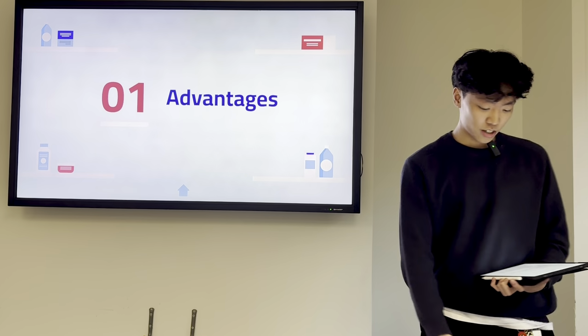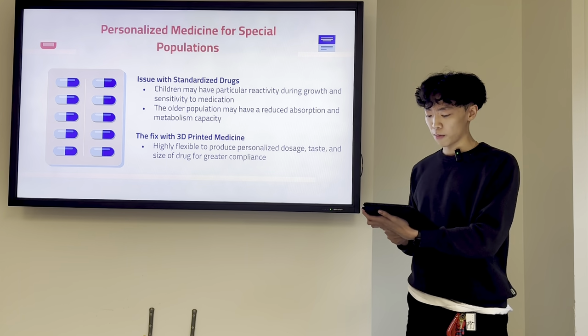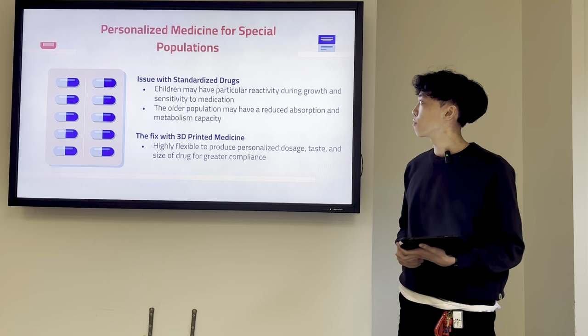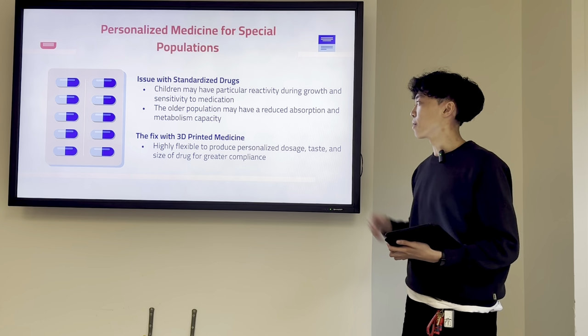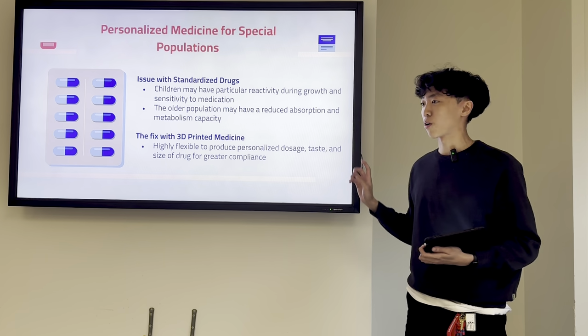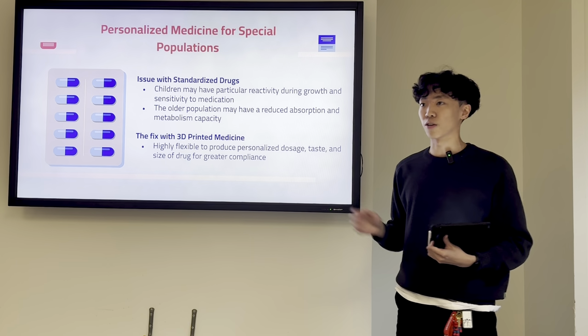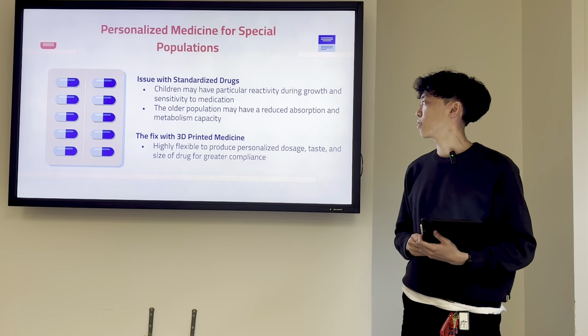So some of the advantages are that 3D printing is better suited to optimize development of personalized medicine for special populations. Some issues with standardized drugs today: children may have particular reactivity during growth stages and a greater sensitivity to the medication.